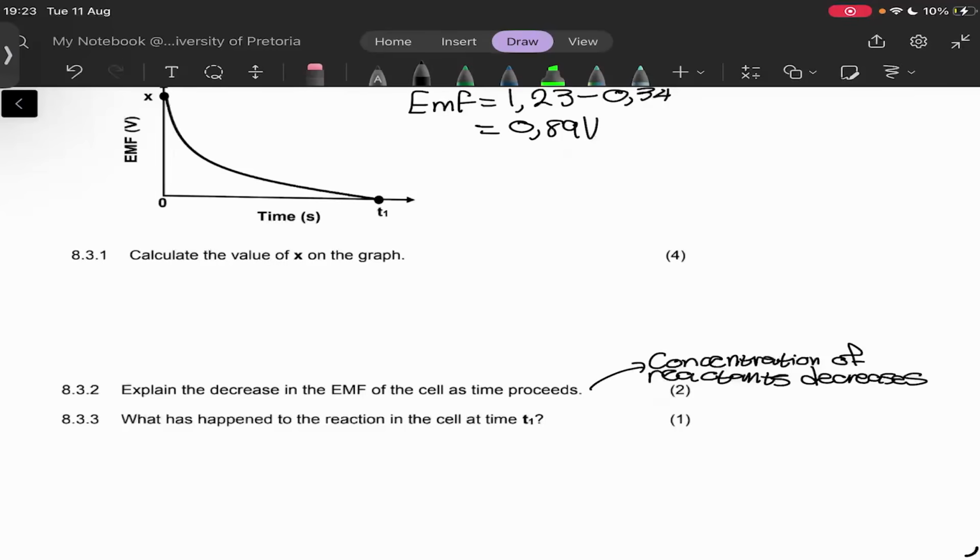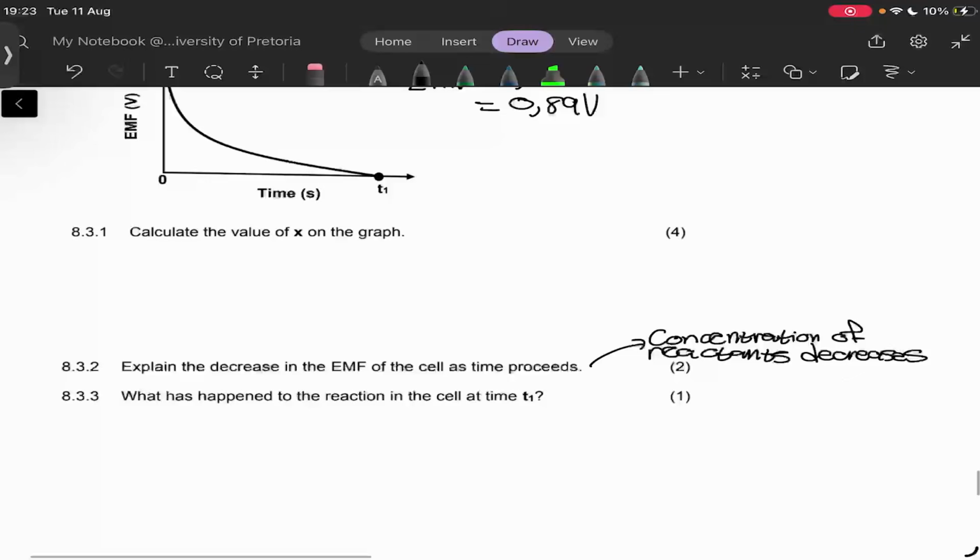Yes, the reaction has reached equilibrium, or in other words, it is complete. So I'm just going to write over here, equilibrium reached. Okay.